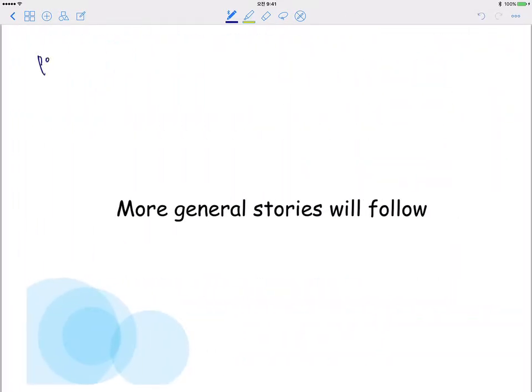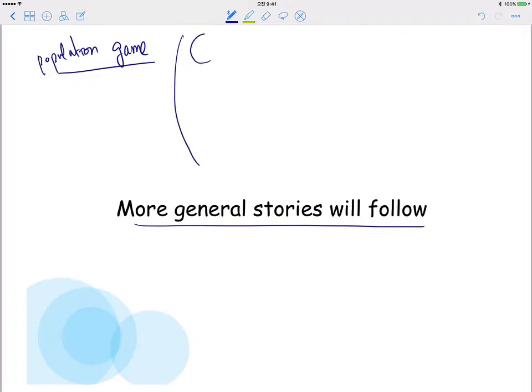So in a population game, I'm going to look at more general stories, but essentially we consider the population or the society, where we can regard each individual person as a very, very small person which just forms a society. So in this case, what is a strategy?